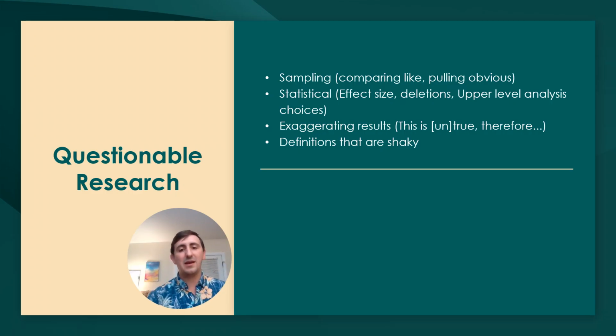And lastly, we have bad definitions, or shaky, bad operational definitions. Well, what does this mean? I actually have a really good example. I once read an article by an institution I shall not name, but they are a big, big institution, and they claimed that people who support Trump and vote conservatively are more likely to be psychopathic.